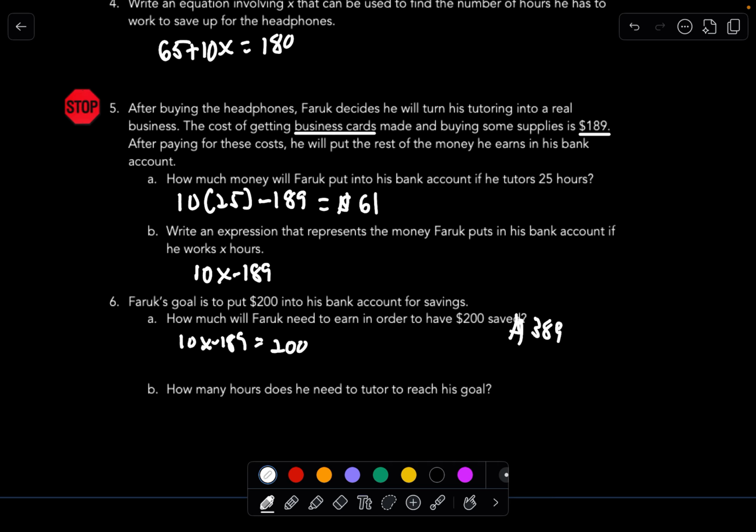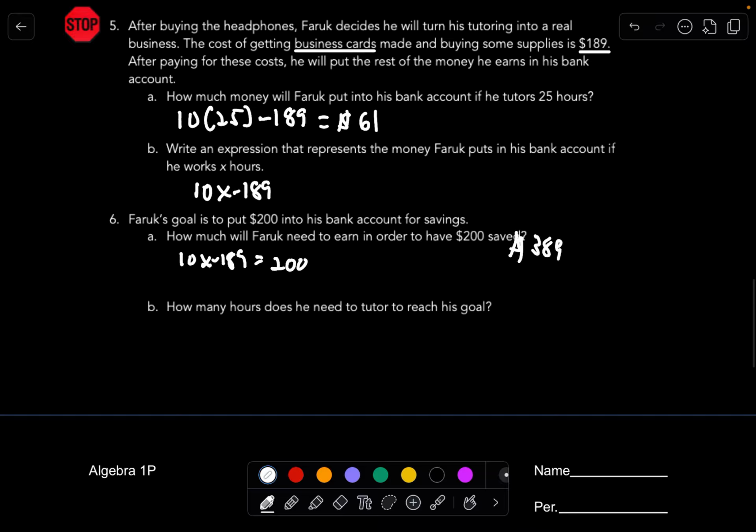He would have to earn $389 because you have to include the $189 fee he has for paying for his business cards.